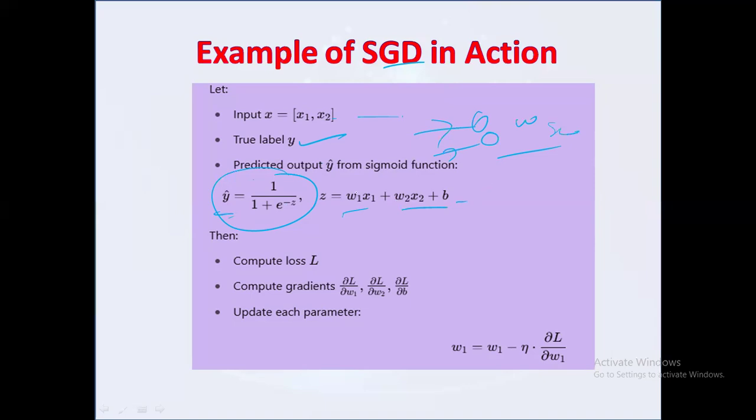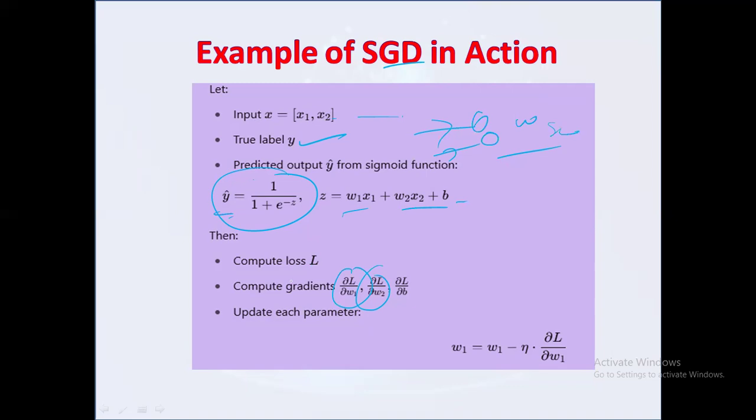After computing the loss, we determine the gradients ∂L/∂W1, ∂L/∂W2, ∂L/∂B.